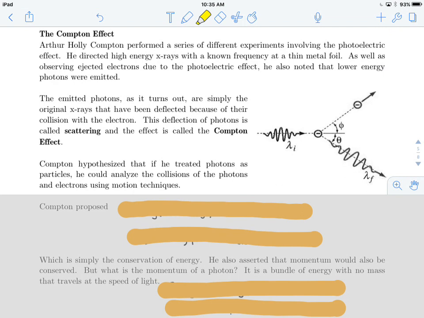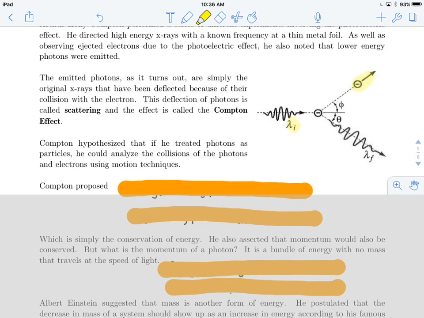Just like in the photoelectric effect, he noticed that some electrons were kicked out of the metal, but he also noticed that some lower energy photons were emitted.